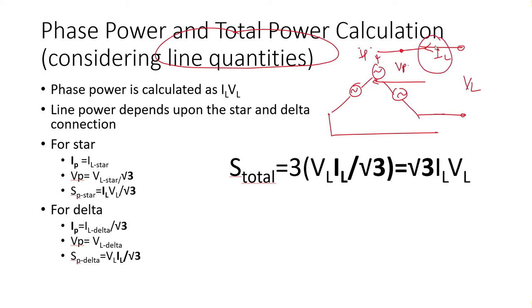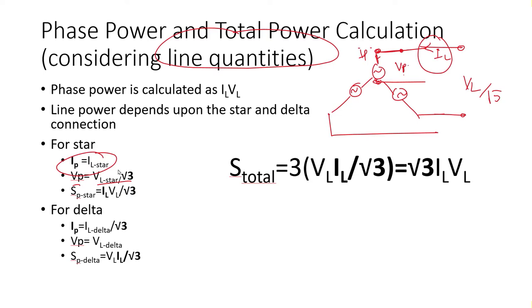So now this thing is our base quantity. So IL would be equal to IP in star. But the Vp will now be calculated as VL divided by under root 3, so Vp is VL star divided by under root 3.